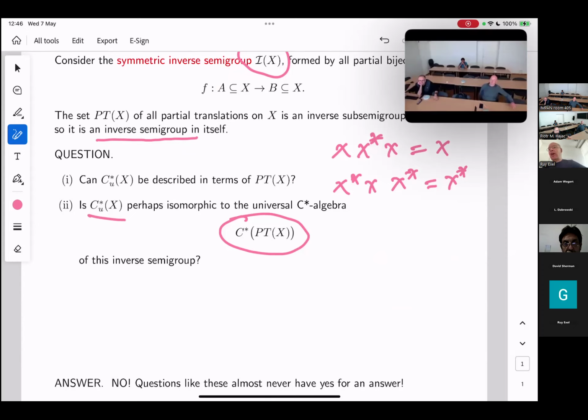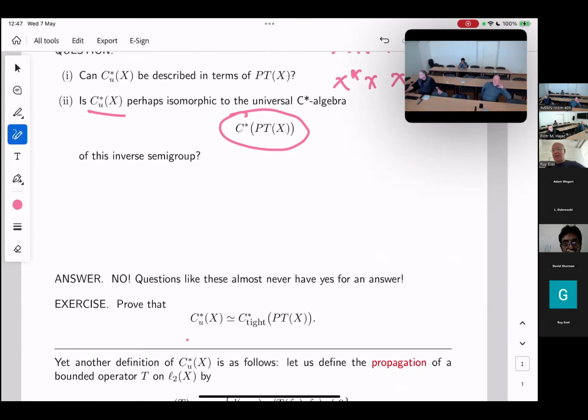For instance, the Cuntz algebra contains an inverse semigroup that generates it, but the Cuntz algebra is not the universal C-star algebra of the inverse semigroup. The answer is that the uniform Roe algebra is the tight C-star algebra of this inverse semigroup. This is an occasion for me to advertise this notion of tight C-star algebra of inverse semigroups, which I like very much. But if you're not into inverse semigroups, if you're not an aficionado, then you can simply ignore it.